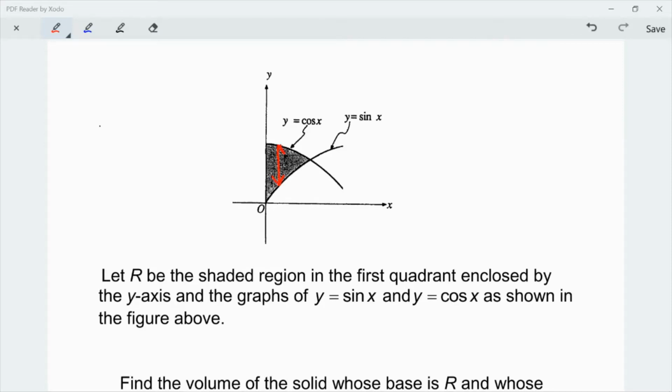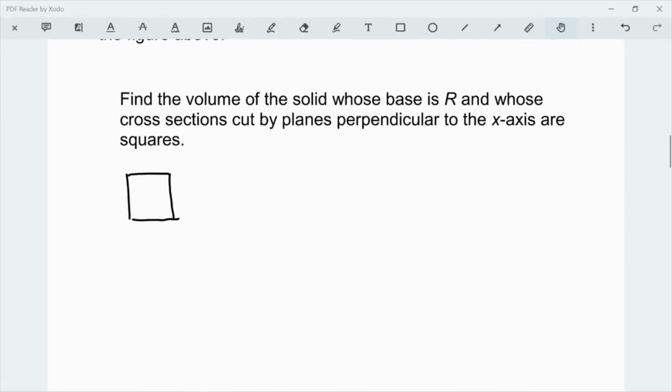So it's sort of like when we did areas, right? I have the upper function minus the lower function. It's going to be the length of the side of that square. So if I do cosine x minus sine x, that side that I had drawn there, you can think of that as the same thing that I have right here. So that dimension is going to be cosine x minus sine x.